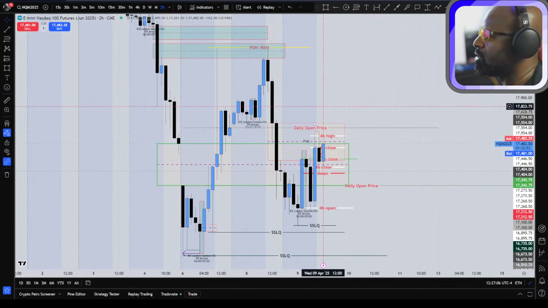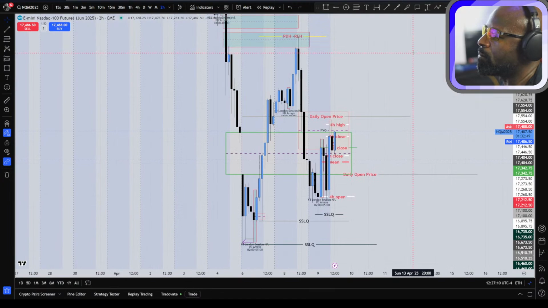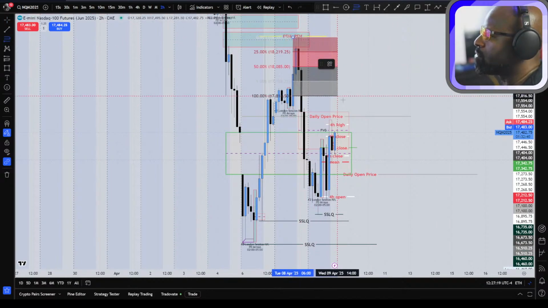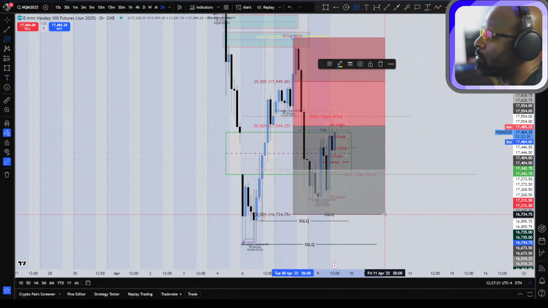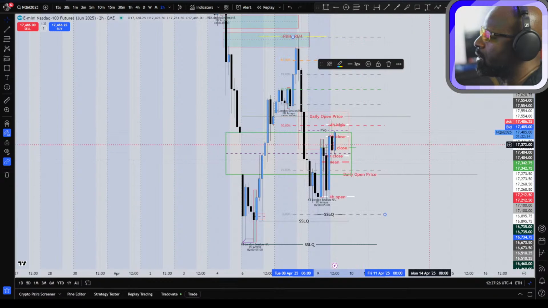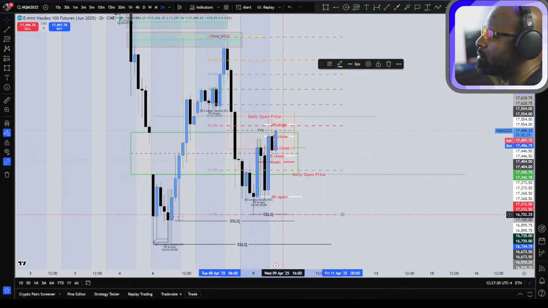So this move to the upside, right? There's about 10 different things that I would probably want to look at when I see this. Well, where did price start? Oh, price started here. Where did it come down to? Oh, it came down here. If it came down here, is that an optimal trade, right? The optimal trade from the high to the low?